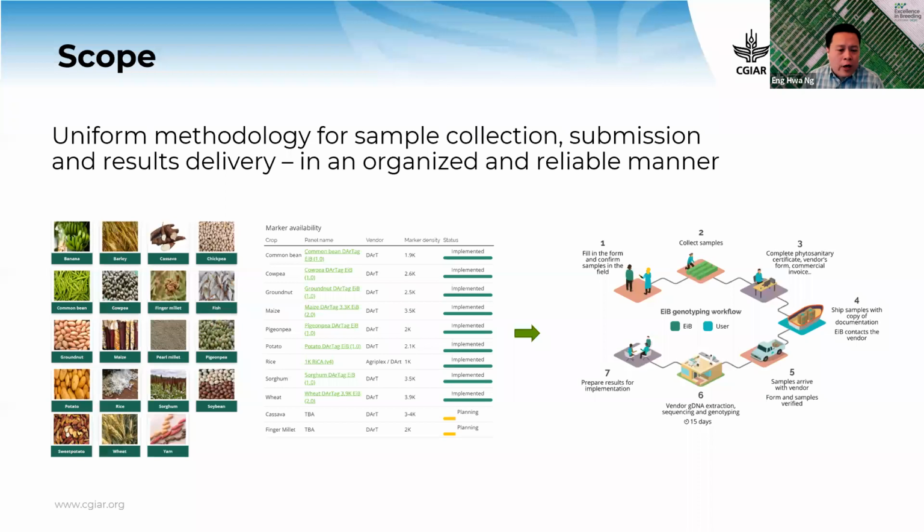And routinely now we're managing service requests coming from various CGIAR centers, national program partners, universities, and even to some extent private seed companies and users. So we also now have available marker tools of more than 19 crop and animal species on our platform, and actually a few other species are in the pipeline to be added to the shared platform.